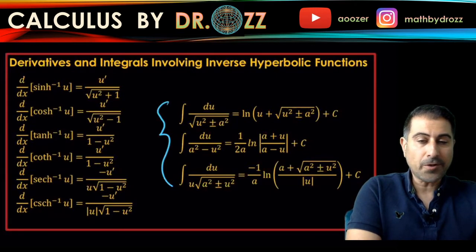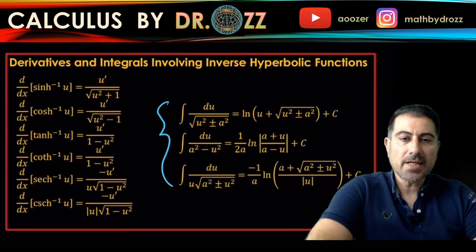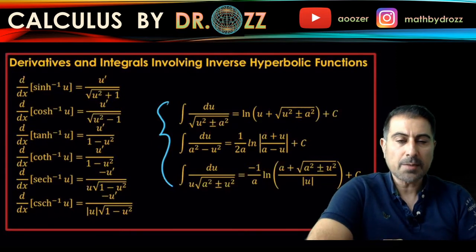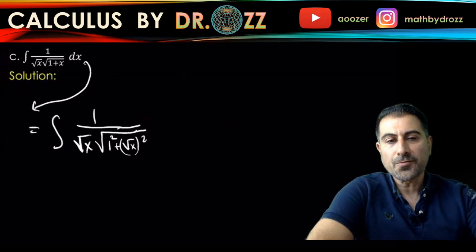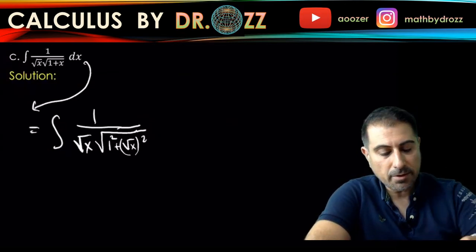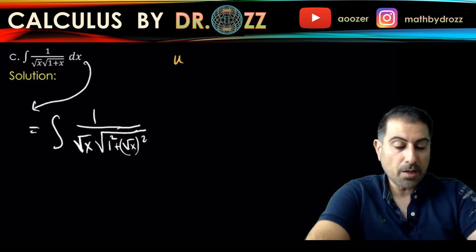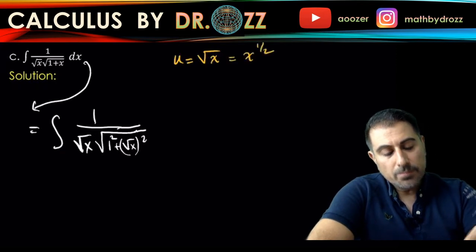But we first call u to be radical x, because that's the u candidate for us after we put it in the sum of squares form, and see what's going to happen. We will see if it's the first or the third integral. So let's call u radical x, or x to the power of 1/2, and look at du.